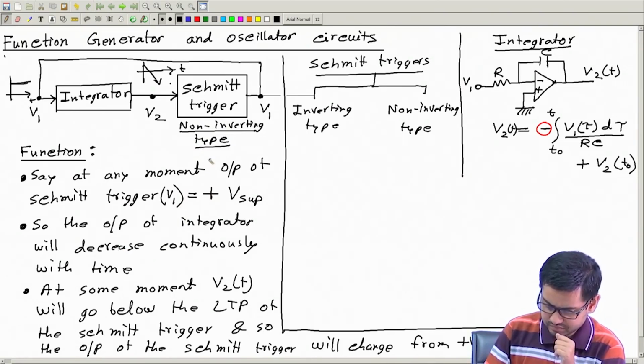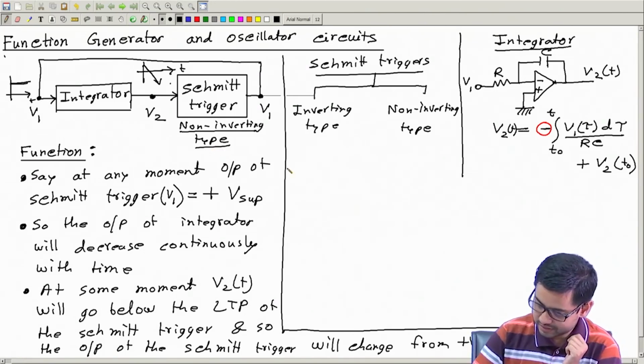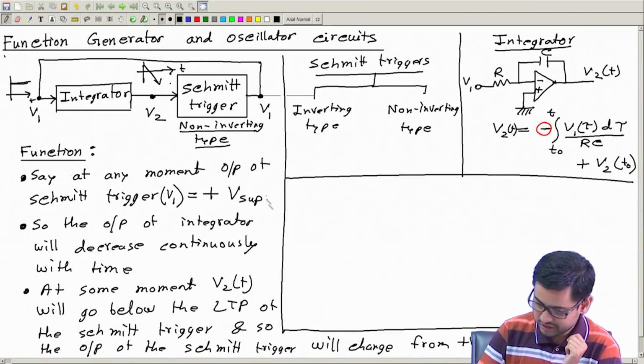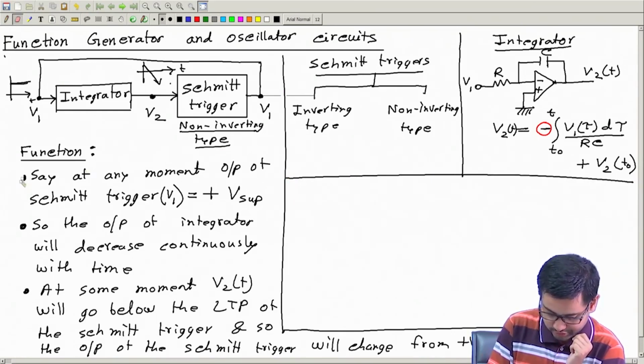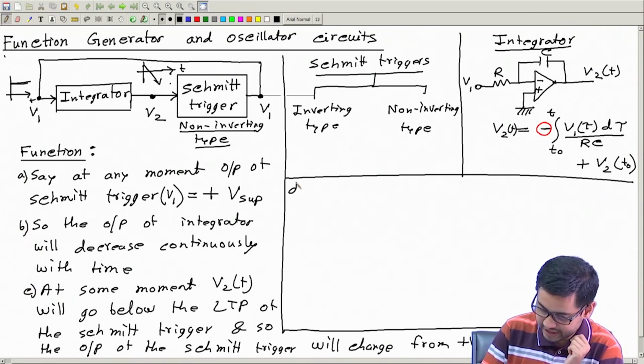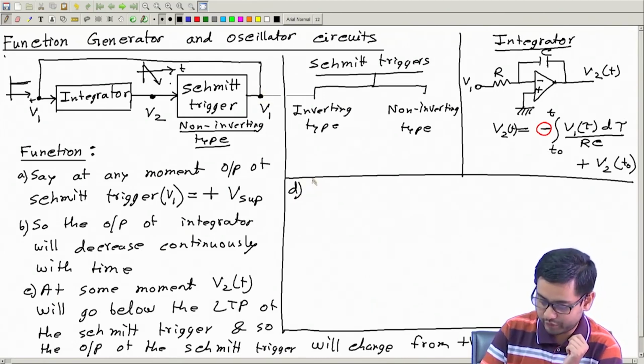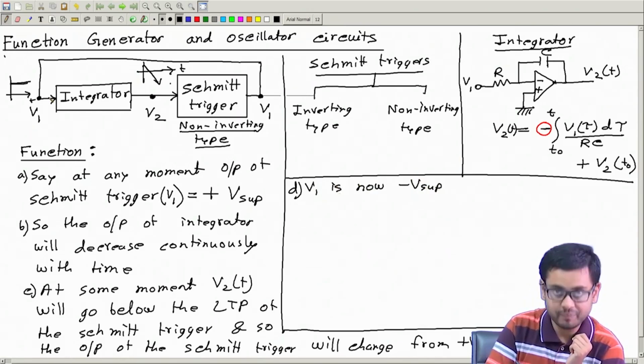Now, what will happen next? Okay. So, if I just number this A, B, C, then D. So, now the output is negative. So, V1 is now negative, which comes here.